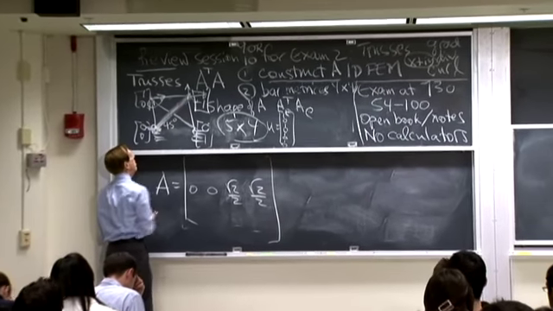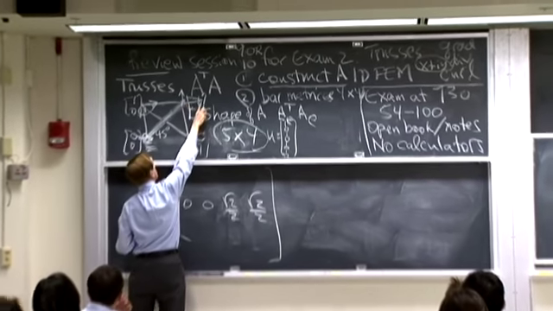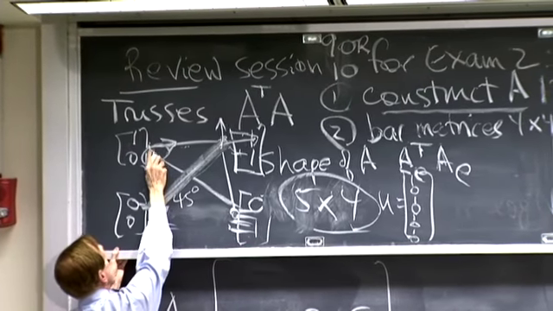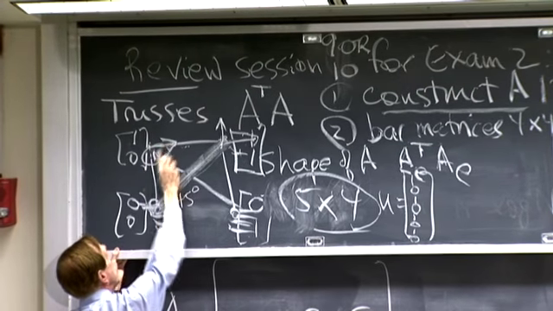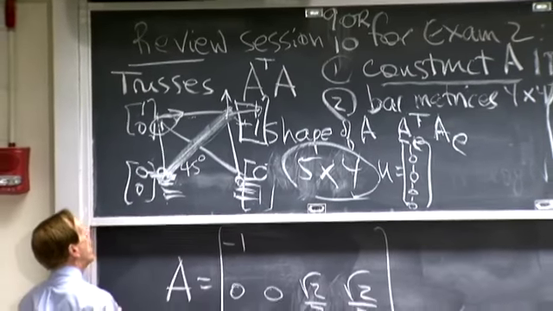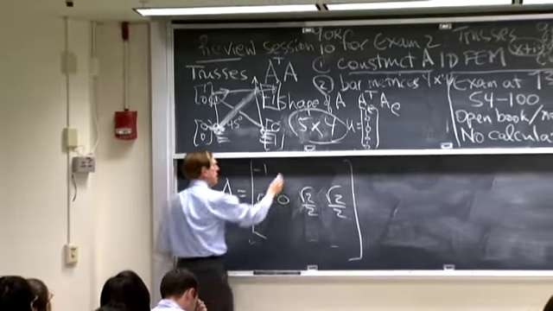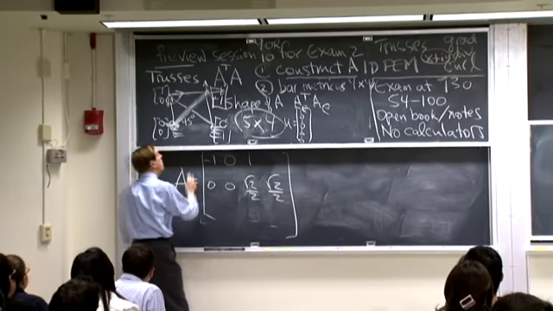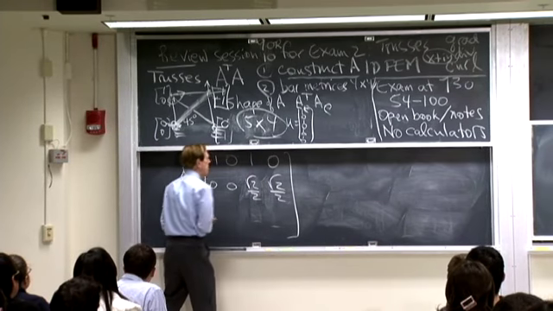If this goes horizontally, it compresses the bar. I think we get a -1 there. If it goes vertically, that doesn't do anything. If this goes horizontally, it does do something. If it goes vertically, it doesn't.